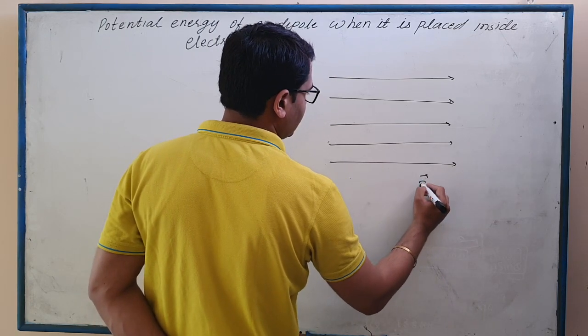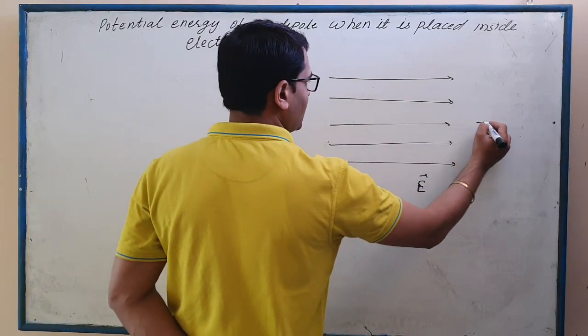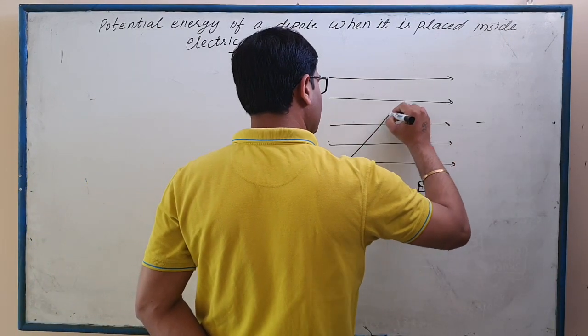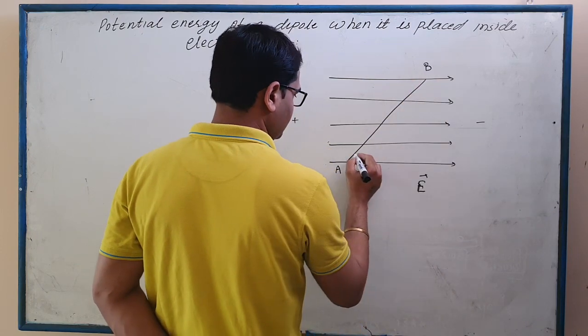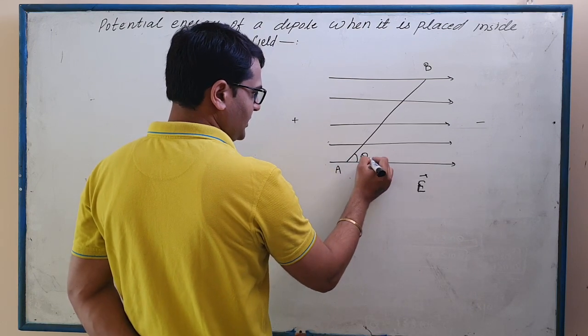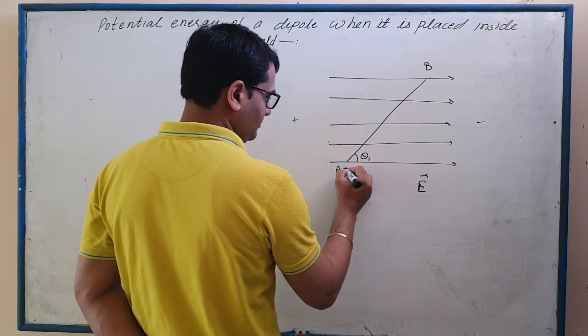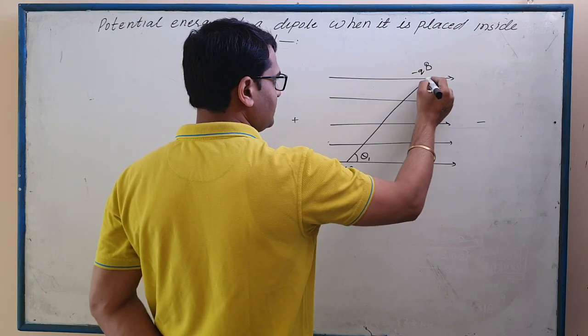Let these are the electric field lines of external electric field, and this is the initial position of the dipole, at angle theta, say theta 1, with plus q and minus q.